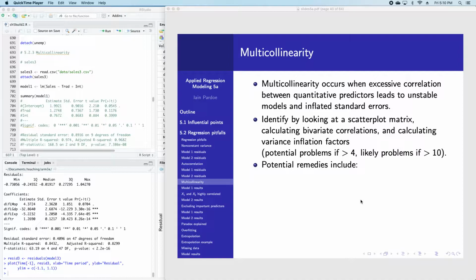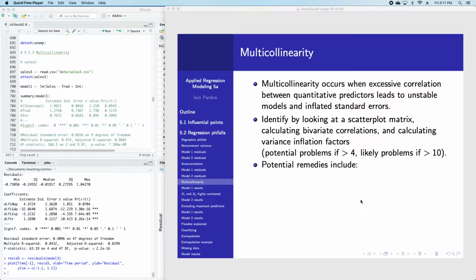We can also look at numerical summaries of those correlations in the individual scatterplots. If we look at those bivariate correlations, and again note that those correlations between individual predictors tend to be higher than correlations between the response variable and predictors, then we may have a multicollinearity problem.